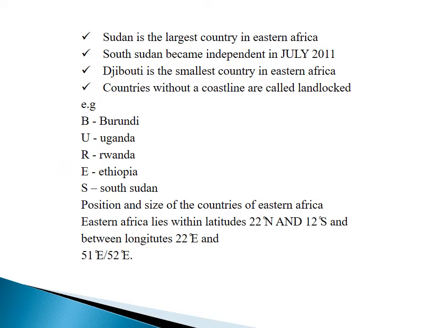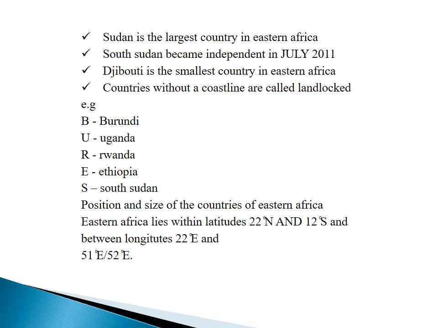Now, let's talk about the largest country in Eastern Africa. The largest country in Eastern Africa is Sudan. And the smallest country in Eastern Africa is Djibouti. Now, there is a country which was formed in July 2011 known as South Sudan.